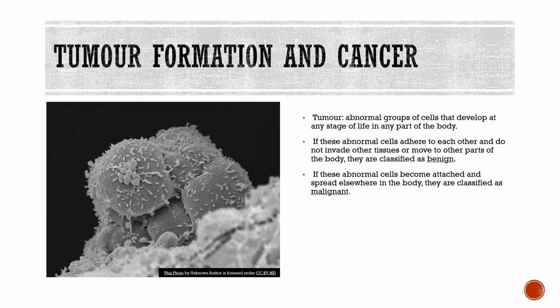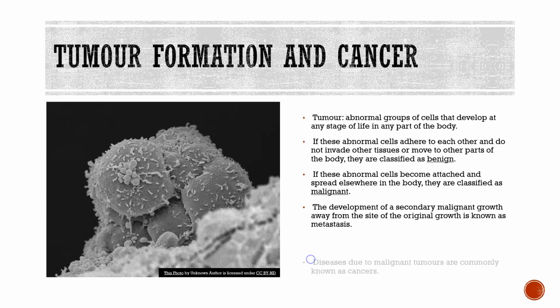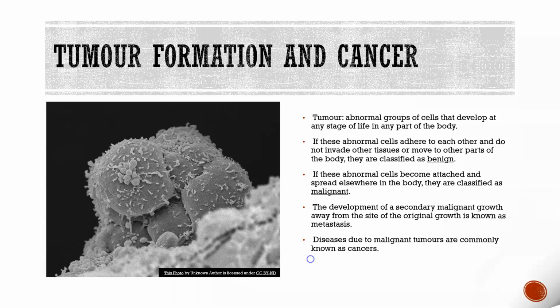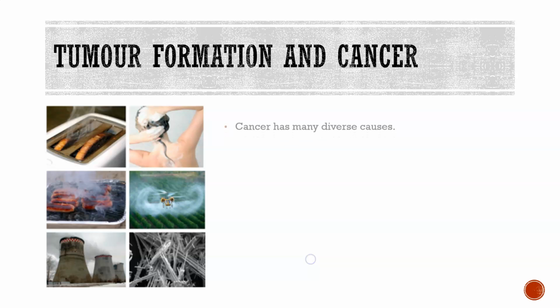But if these cells are abnormal and become attached and spread elsewhere in the body, they're classified as malignant. The development of secondary malignant growth away from the site of the original growth is known as metastasis. Diseases due to malignant tumours are commonly known as cancers.